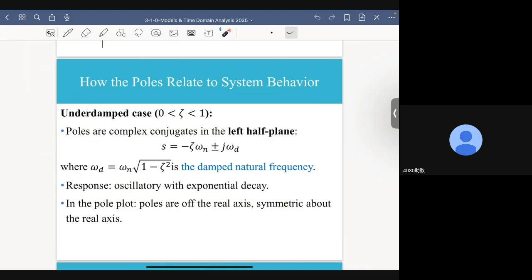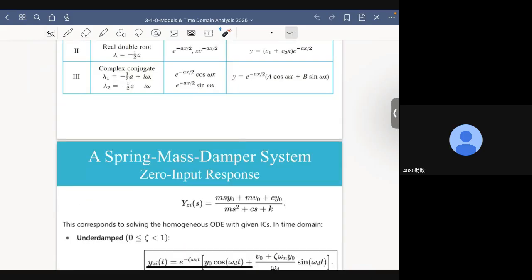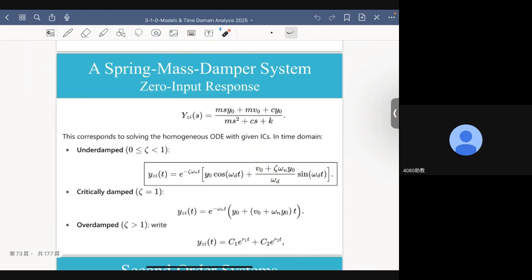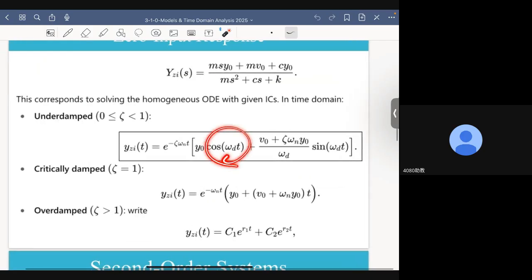Where does the idea of natural frequency come from in this particular case? The reason why we introduce the damped natural frequency is that we discovered that for the underdamped spring mass damper system, or more generally for the underdamped linear second order time invariant system, its oscillation frequency is actually omega d, not omega n.